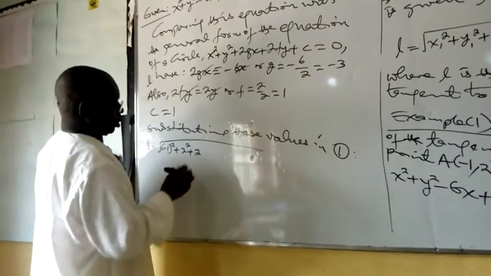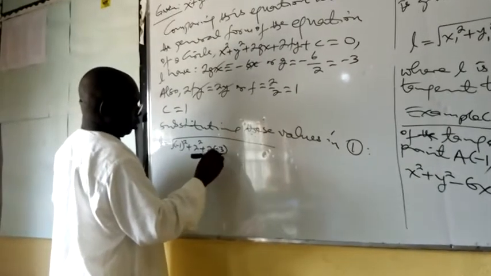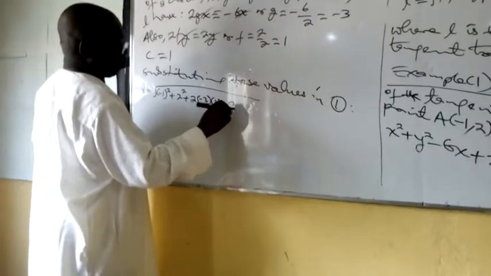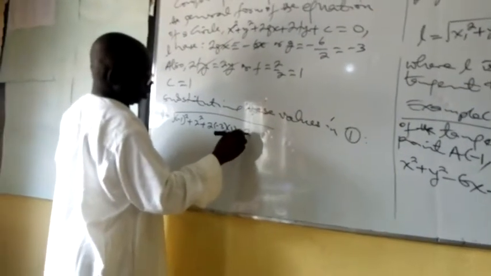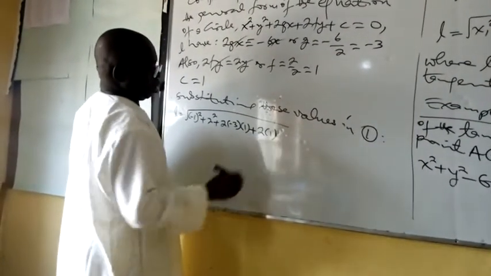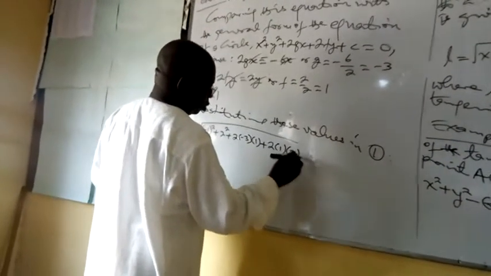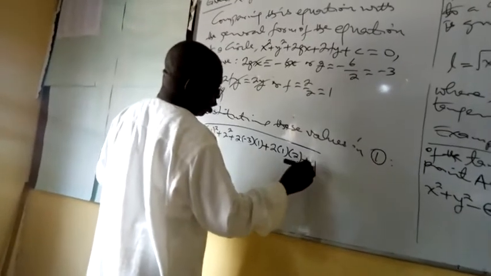My g in this case is minus 3, and x is 1, plus 2fy. My f in this case is 1, and my y is 2, plus c, which is 1.